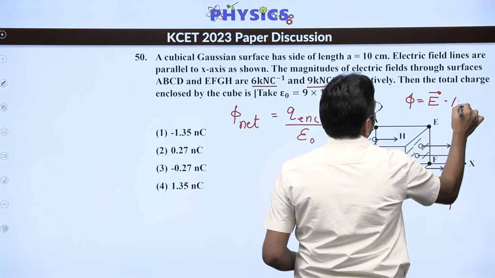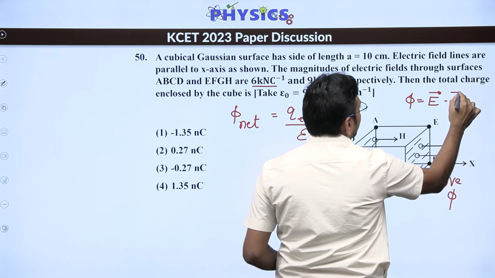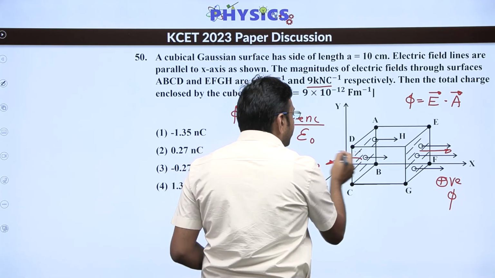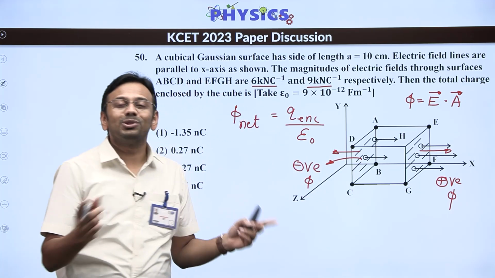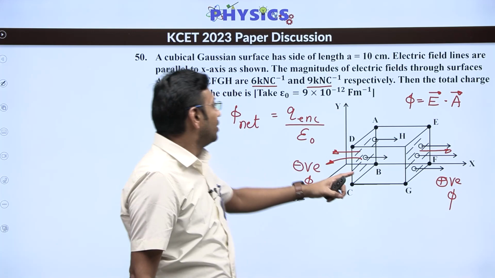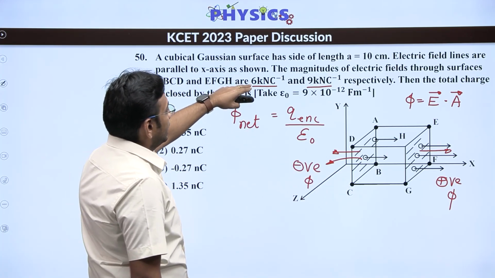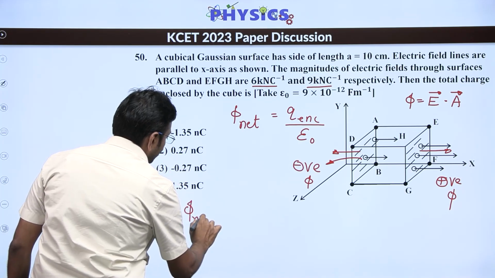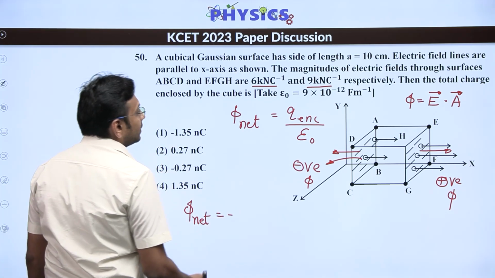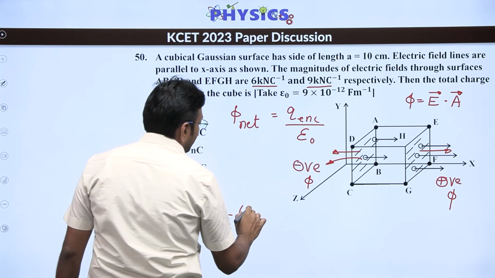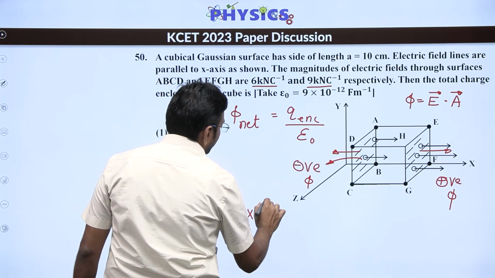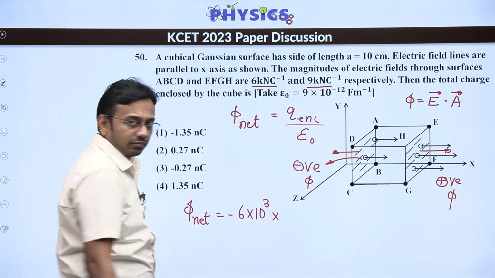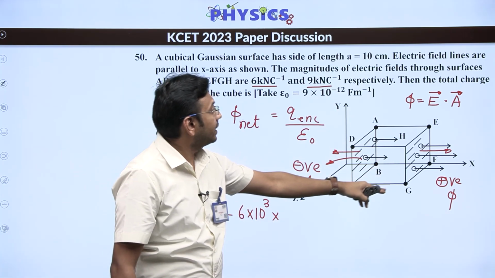If the field and area vector are in the same direction, then we'll get positive flux. If the field and area vector are in opposite directions, we'll get a negative flux. So net flux will be equal to this field but with a negative sign: minus 6 into 10 power 3 newton per coulomb into the area of this cubical surface.